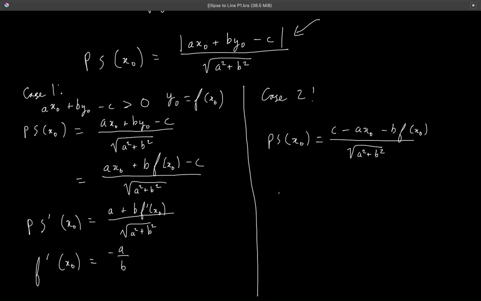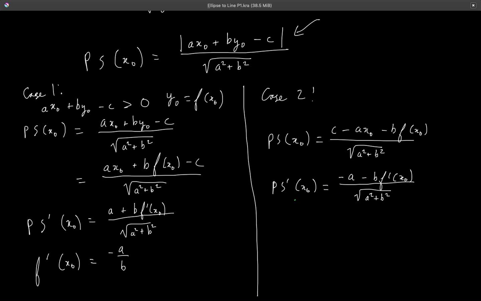So the derivative ends up being ps prime of x0 equals negative a minus b f prime of x0, all of that divided by the square root of a squared plus b squared. And here, when we set this equal to 0, realize we can just throw out the negative sign.